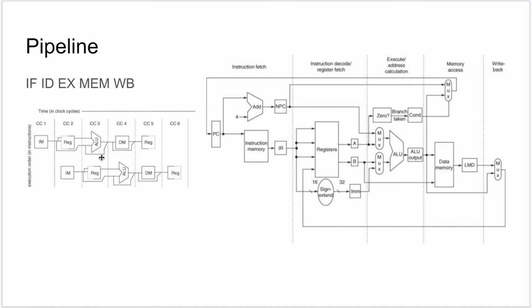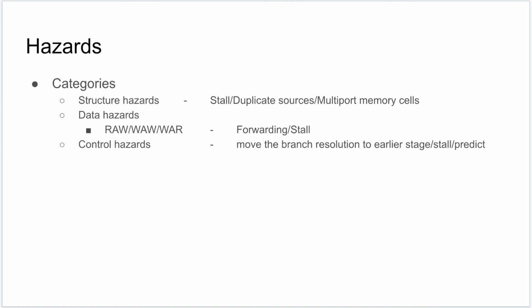It's highly likely there will be a question like this asking you to draw a forwarding in these figures. And sometimes we cannot forward, we have to stall to avoid data hazard.